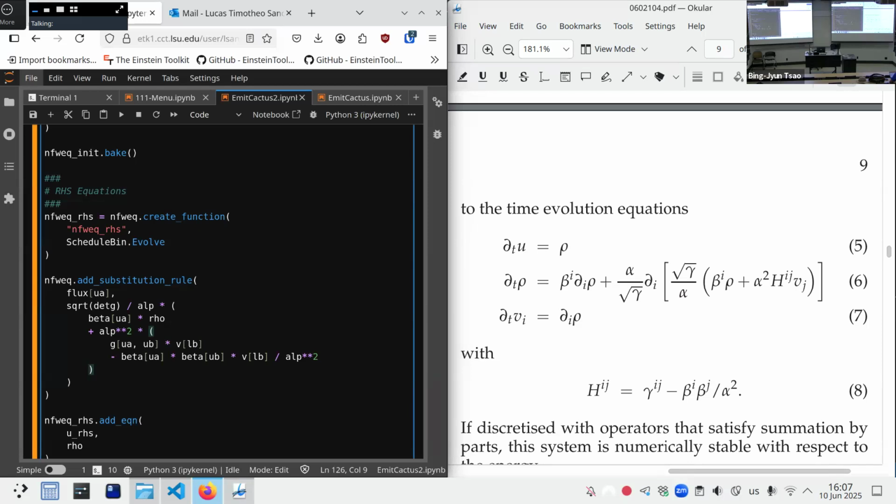Remember, of course, things change here.